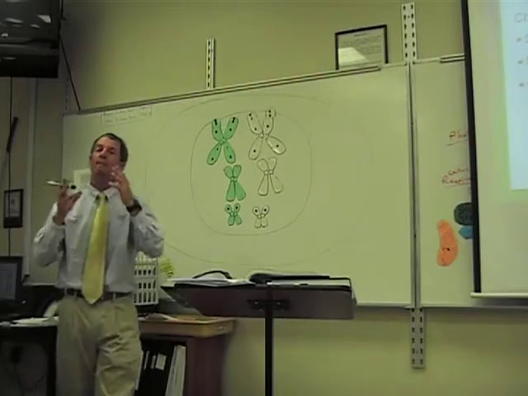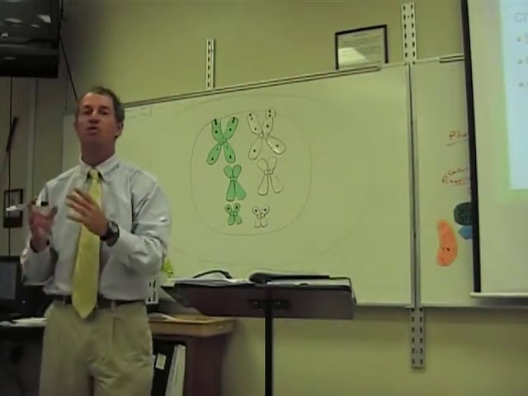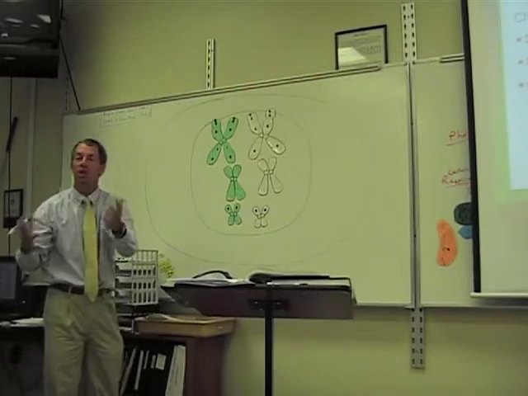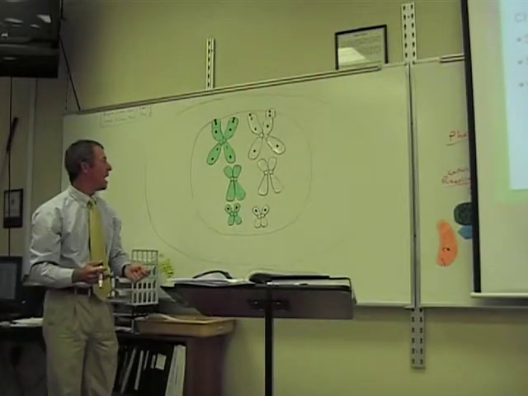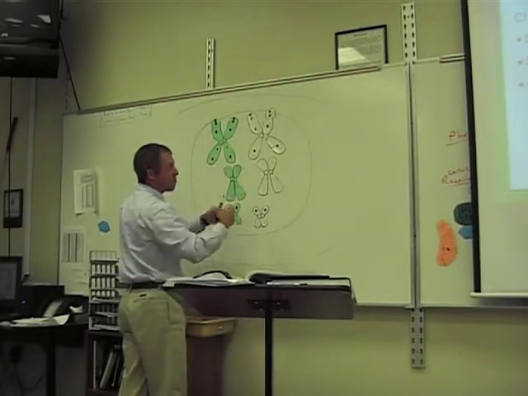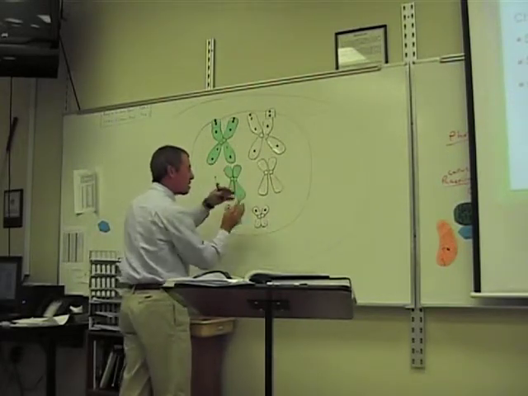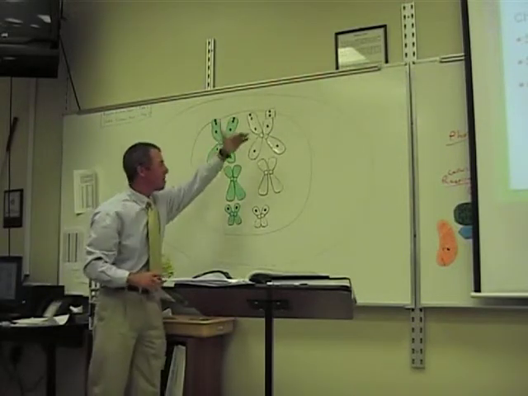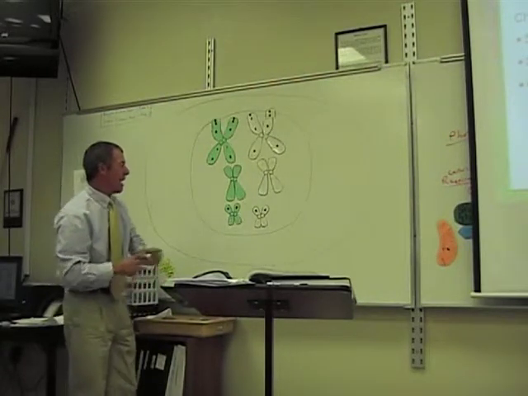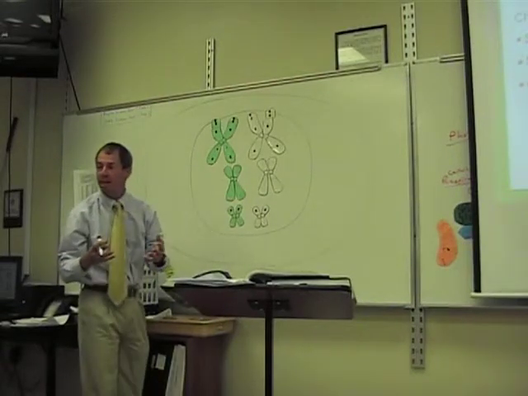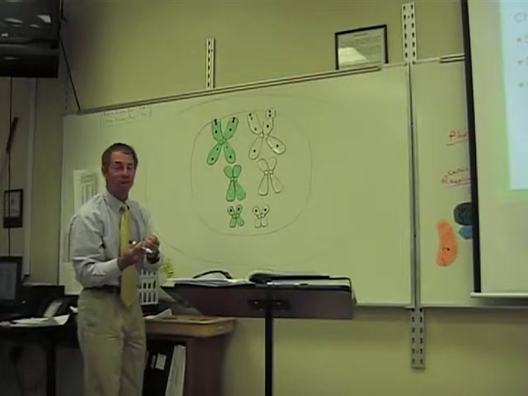So each parent contributes half the chromosomes to your cells. And if you notice, each parent has a big one that they contributed, a medium one, and a small one. So you got 1 set from your dad, 1 set from your mom. Each chromosome is information, remember DNA, that's all coiled up?